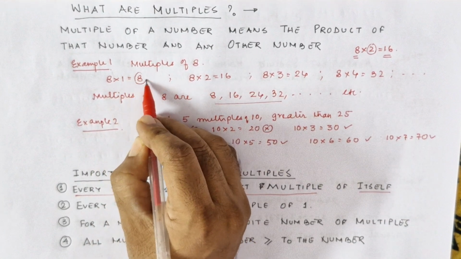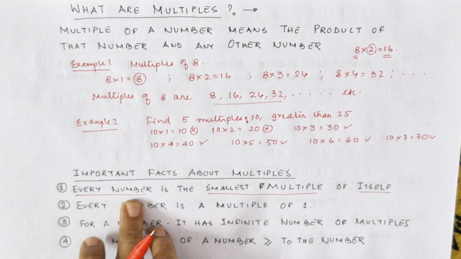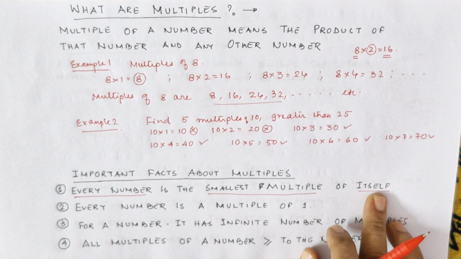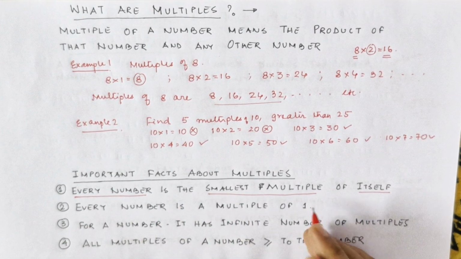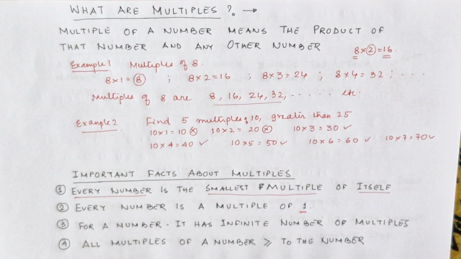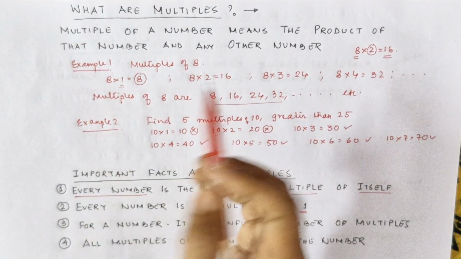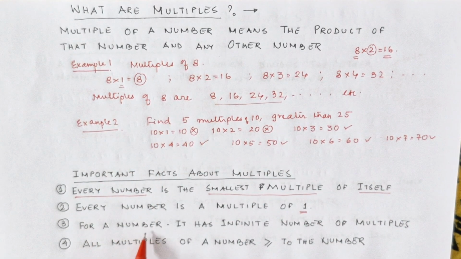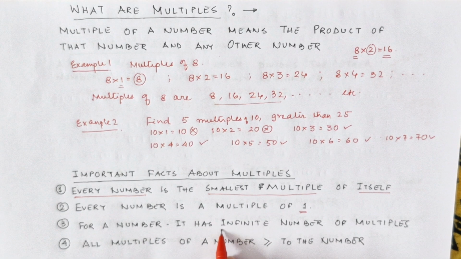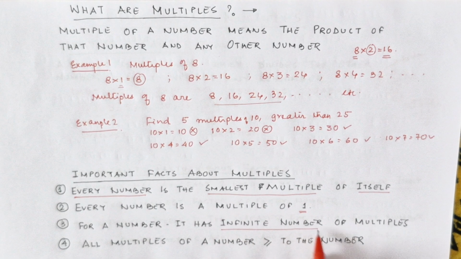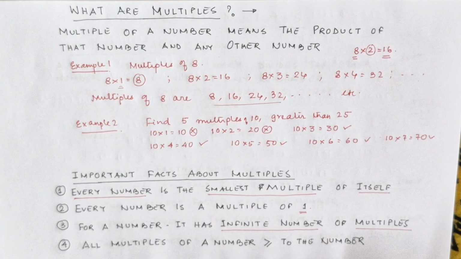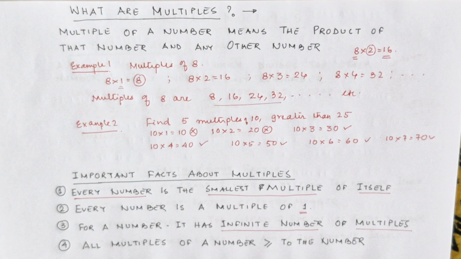So it starts from itself. Every number is a multiple of 1 because it starts from 1. A number has infinite multiples. So multiples are infinite. Got it?